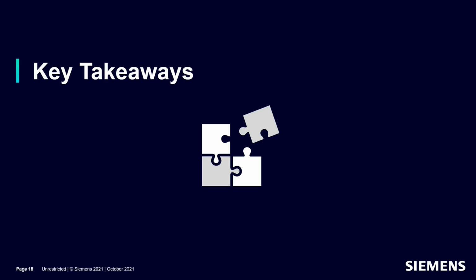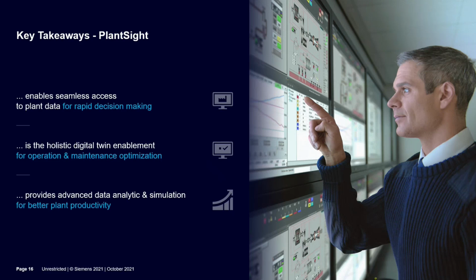Thanks, Andoni. So let's just close out this session by looking at some key takeaways. With PLANTSIGHT, we can provide a rapid decision-making tool that looks at the digital plant in a holistic manner, looking at the engineering design information, comparing it with the real-time operating data, so that operations and maintenance can be optimized, production also.